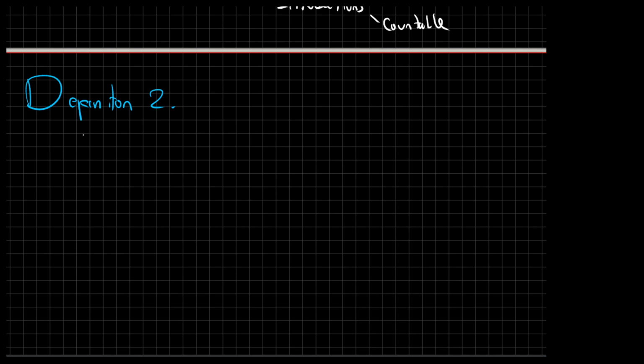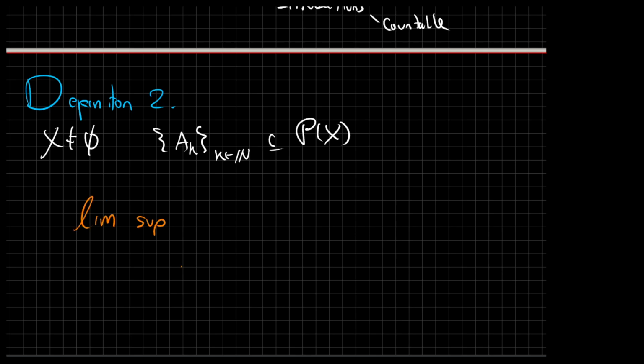Let's say that we have a set X that is different from the empty set and a countable family of subsets of X, and then we will define the lower limit and the upper limit, also denoted as the limit of the supremum and limit of the infimum, with regards to this family. This is just a definition. No need to prove anything.